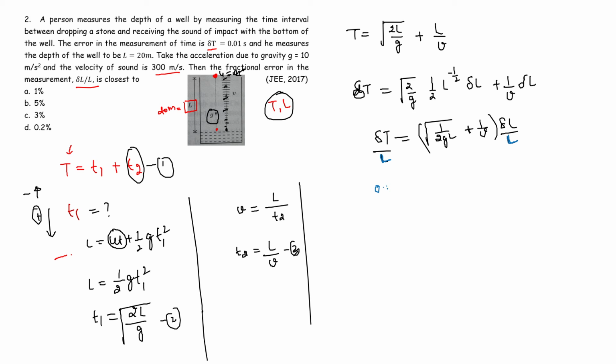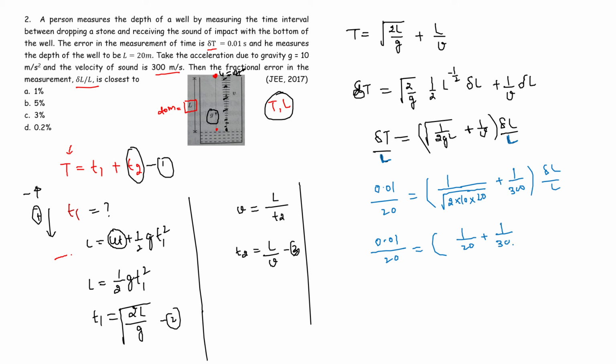Now you just put in the values and you will get the answer. Delta T is 0.01, L is 20, and this will be 1 over under root 2 into 10 into 20 plus 1 over 300, times delta L over L. So 0.01 divided by 20 equals 1 by 20 plus 1 over 300 times delta L over L. We can cross multiply and get delta L over L as 0.01 divided by 20, with this in the denominator.